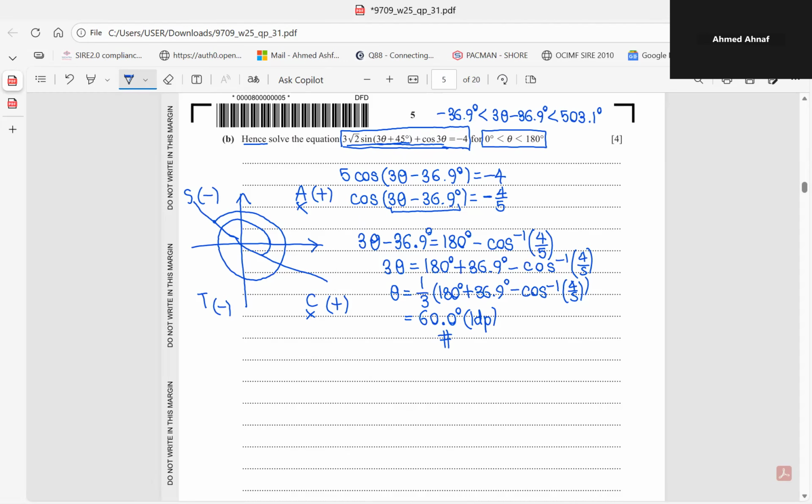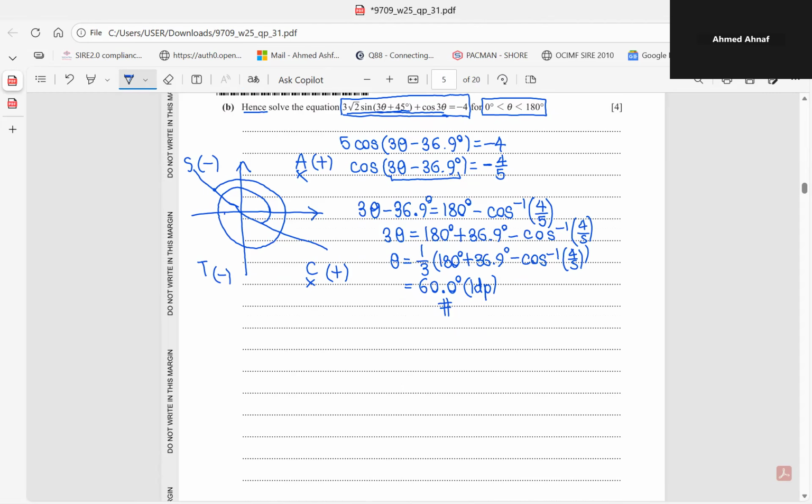Now we are going to find our second answer in the third quadrant. So for the third quadrant, it's going to be a reflex angle between 180 degrees and 270 degrees. To get that, you just add 180 plus the basic angle, which is from here to where the angle ends. Again, the basic angle is just cosine inverse 4/5.